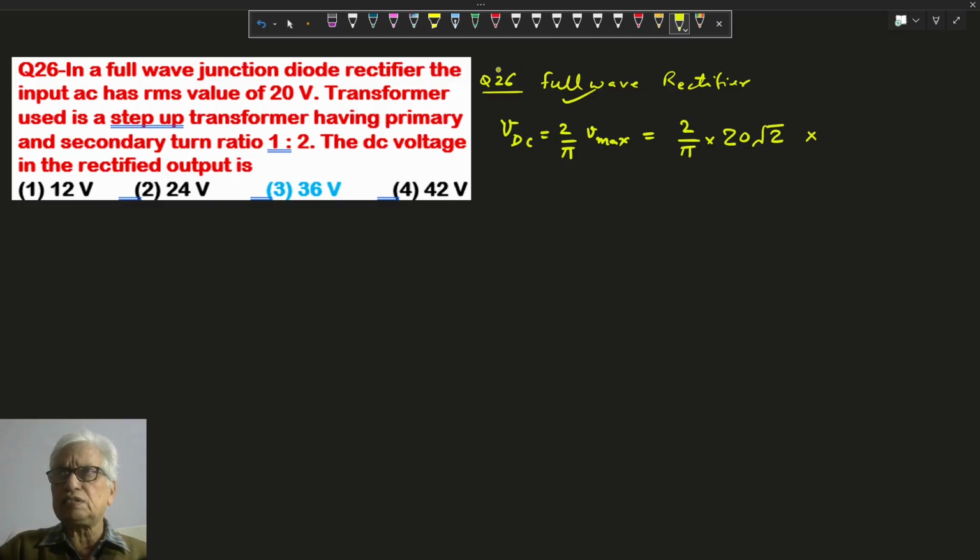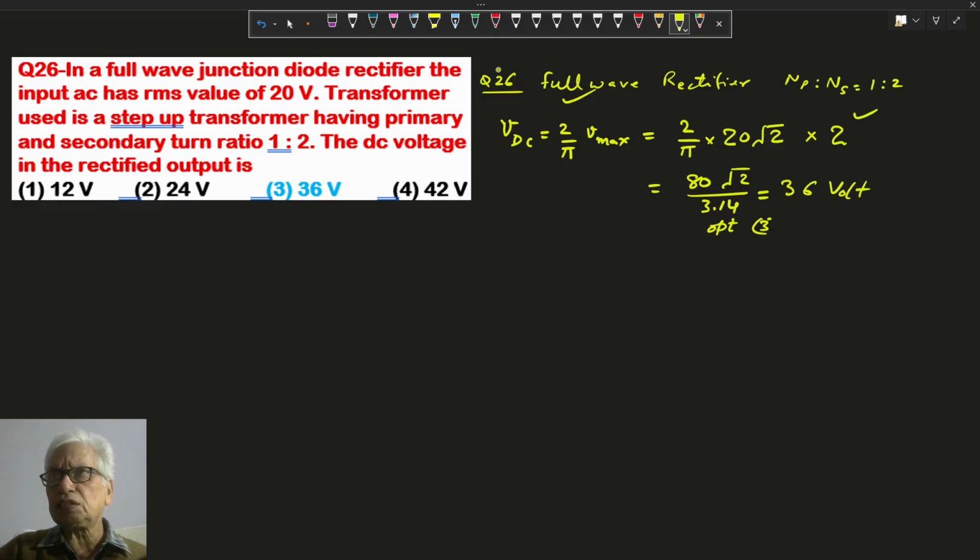That's why the output comes with a factor of 2, because of this primary and secondary ratio of 1:2. So the secondary voltage is double the primary of this transformer. The transformer output is double, that's why 2. We solve it here: 80 root 2 upon 3.14. So it comes to about 36 after solving. Here option 3 is correct.